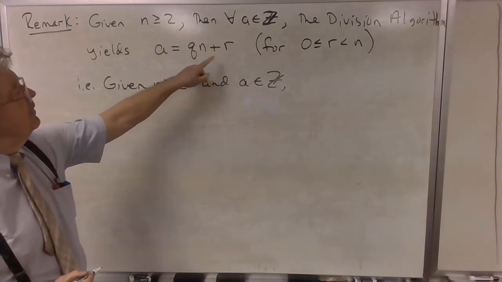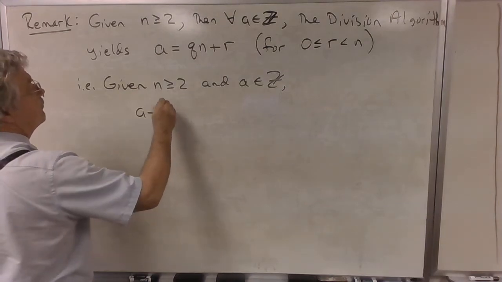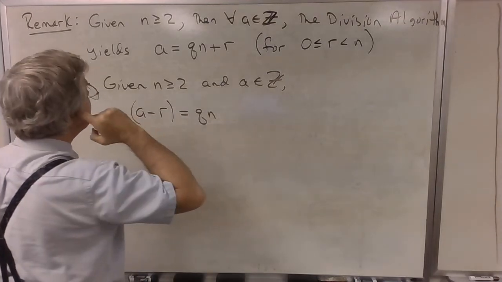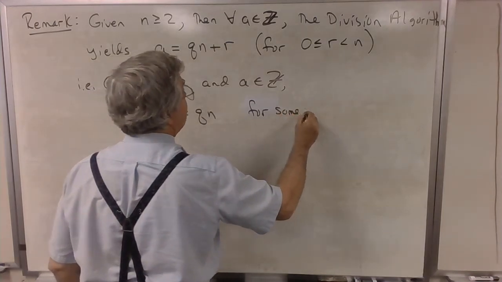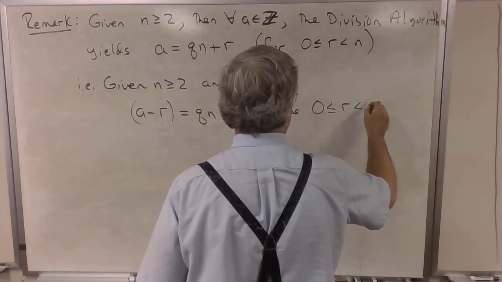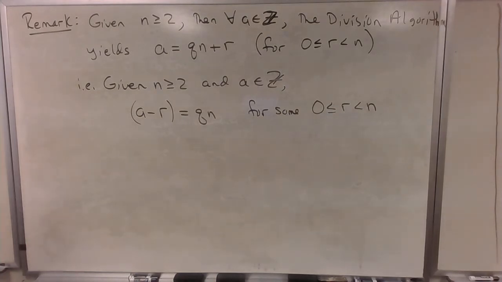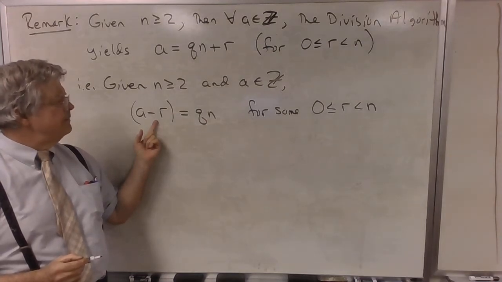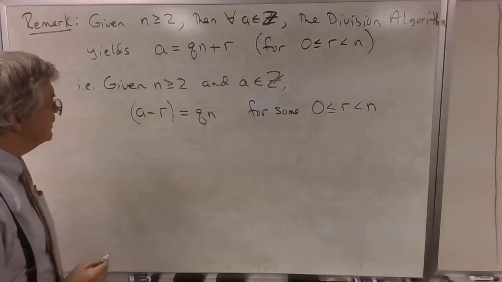We could move the R to the other side. But this says that the difference of A and R is some whole number multiple of n.